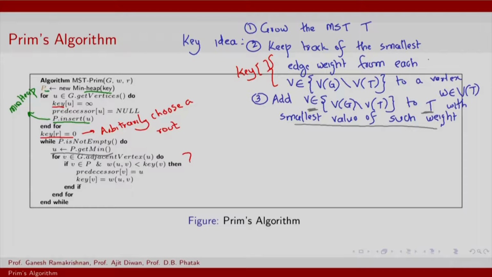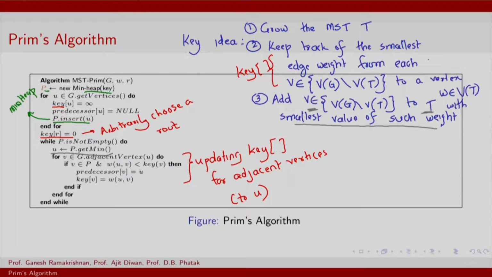So this step, which iterates over all the adjacent vertices, corresponds to the step of updating the key array.